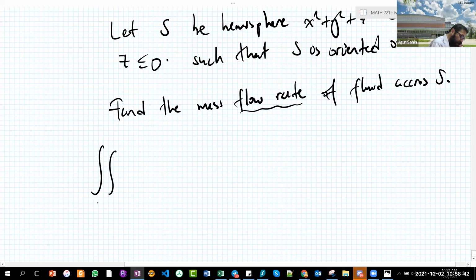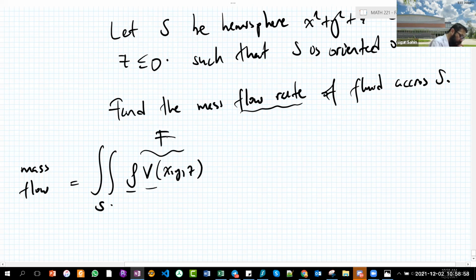So we need to use this formula, guys, for the mass flow over the surface. You need to multiply your density by the velocity function. This is going to be your F. Then you just need to use this formula to calculate the surface integral over the surface for this vector field, which includes the speed and the density.